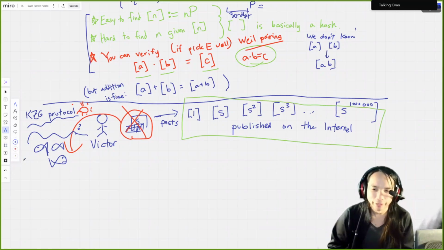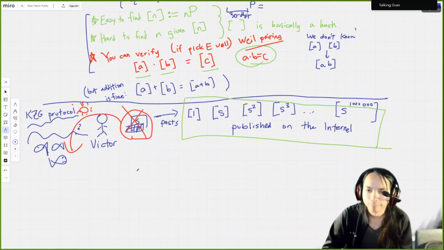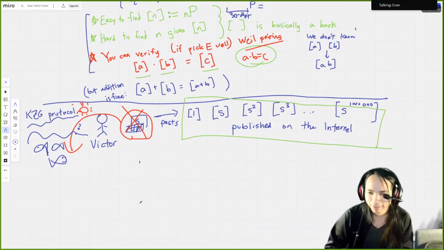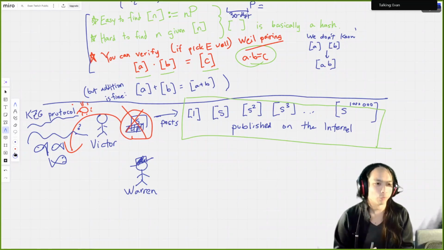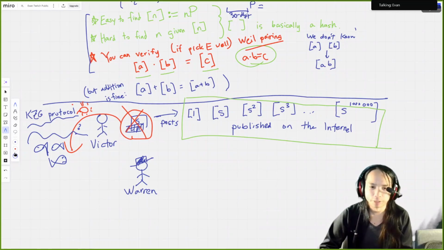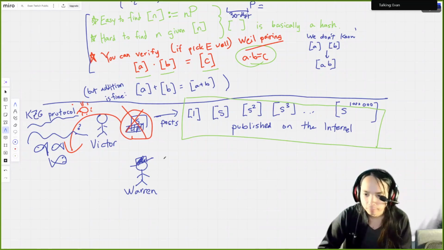Okay, so now we can bring back Warren. I don't know why I drew a hat. I just like it. So what I told you is that I need a way for Warren to commit to some polynomial p. You imagine Warren has some polynomial p in his head that only Warren knows.